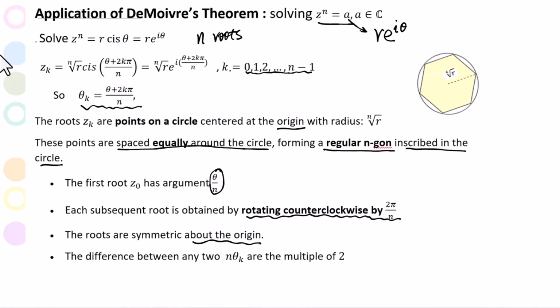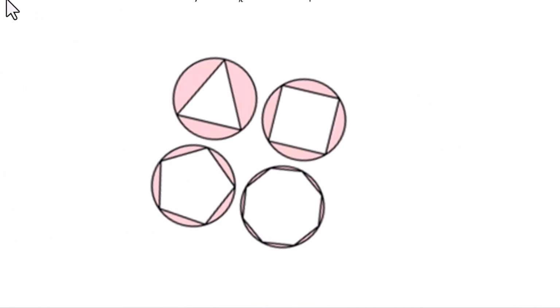The difference between any two n times theta sub k is a multiple of 2 pi. For example, this equilateral triangle will be the roots of z to the third power equals a.